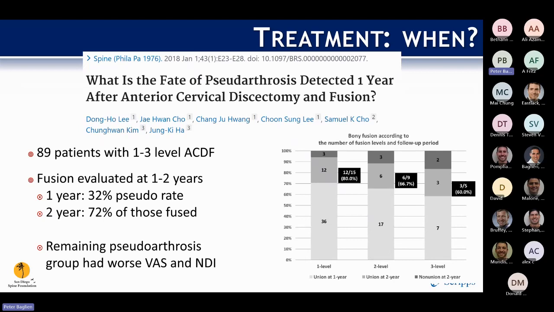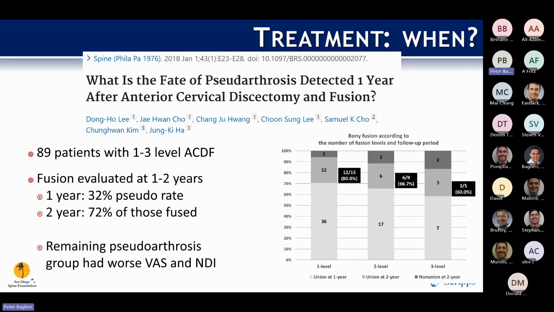So treatment is kind of when. Looking at the cervical spine specifically, when is an appropriate time to go back and treat these patients that have pseudoarthrosis problems? This was a 2018 study looking at 89 patients with 1 to 3 level ACDFs, and they evaluated the fusion at 1 and 2 years.